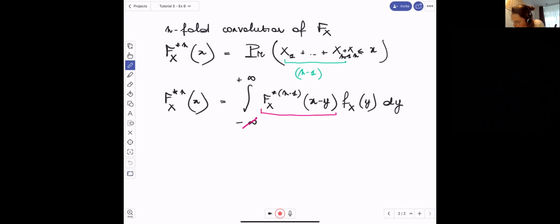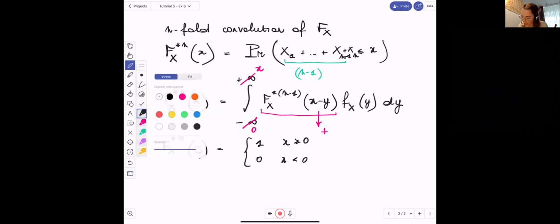So we can change our boundaries from 0 to x, since in that case x minus y, where y goes from 0 to x, will be positive. So this was the general recursive relation that you already saw in class. And on top, you also made a convention that the CDF of a zero-fold convolution is equal to 1 if x is larger than or equal to 0, and 0 if x is strictly smaller than 0. So this is what you already derived in class.